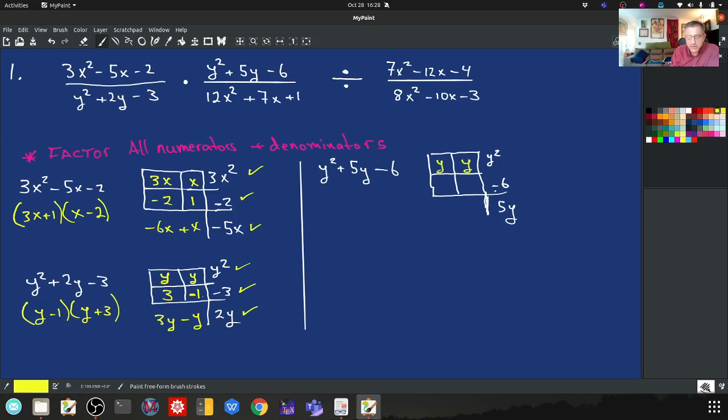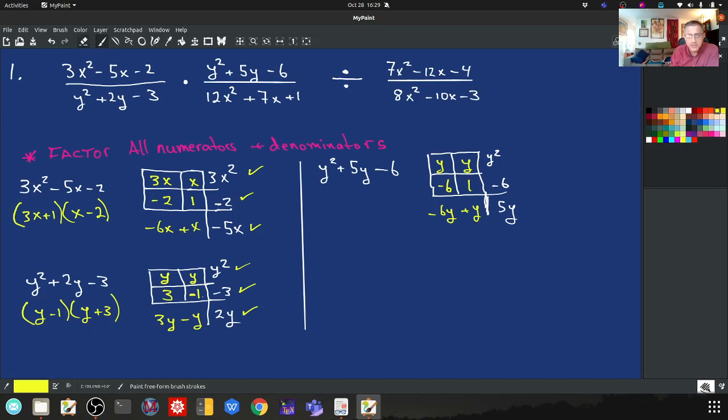Minus 6, there's several factors, but when I add them up, I have to get a 5y. So I'm going to put 1 and minus 6. So minus 6 times y is minus 6y. Y times 1 is plus y. Minus 6y plus y is not 5y. So I've done something wrong.